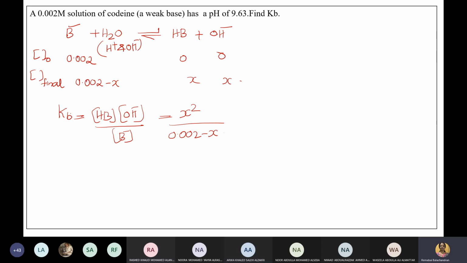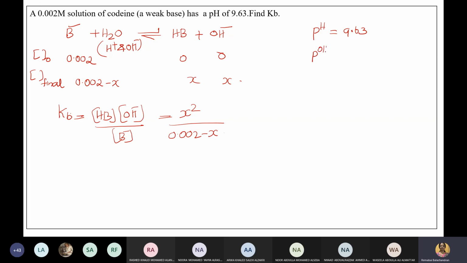From pH, can you find concentration of OH minus? Yes. You can do it in two different ways. pH is equal to 9.63. Either you can find pOH and then the concentration of OH minus, or find H plus and do that.